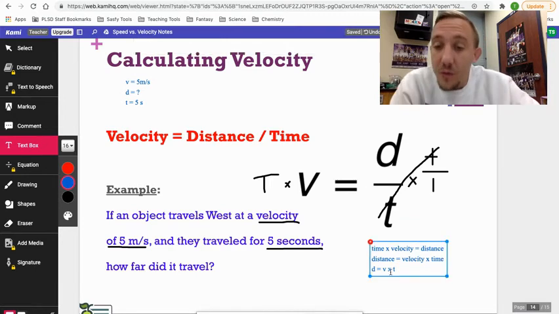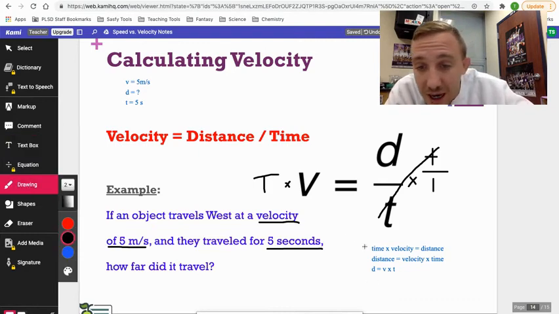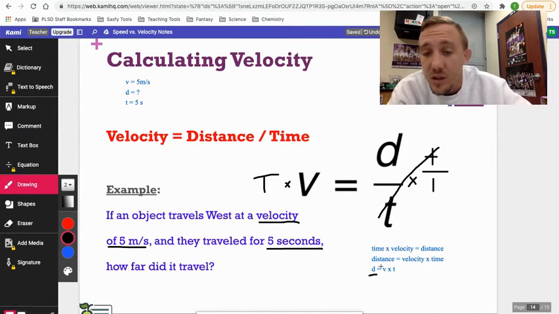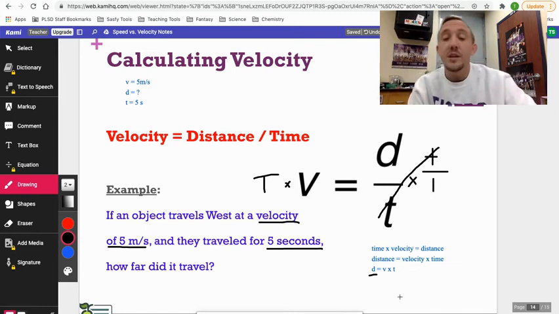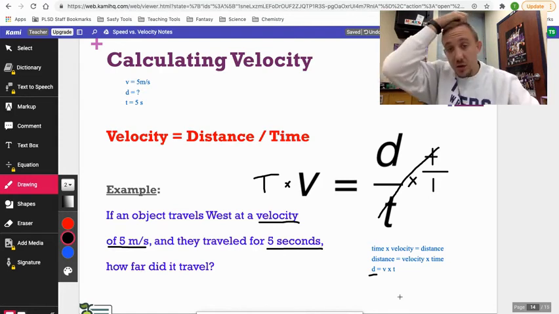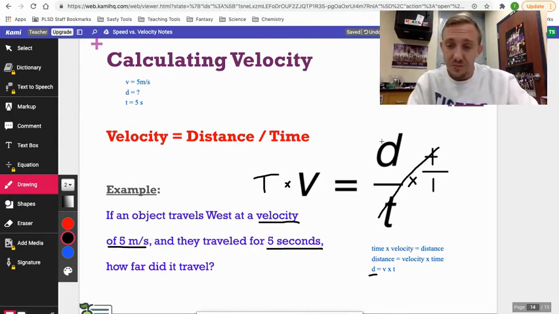Now if you look at my new equation, I have d by itself. So I want you guys to write down this equation: d equals v times t. And there is an equation for velocity and for time as well. I'm just going to have you write it down.